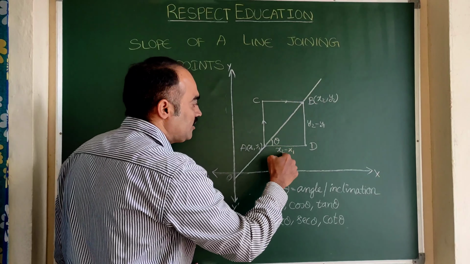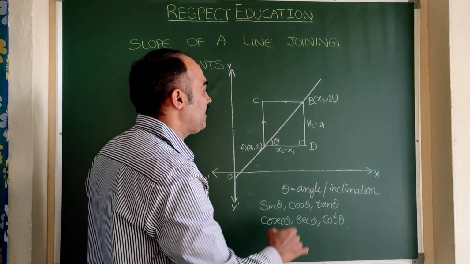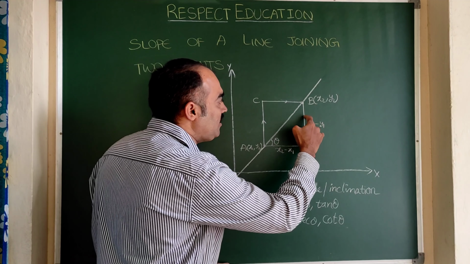Now here you see, for this theta, clearly you know the angle between BD and AD is 90 degrees. For this theta, what is this y2 minus y1?